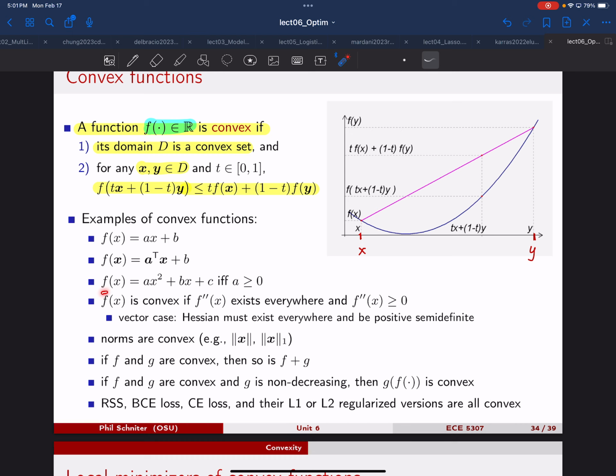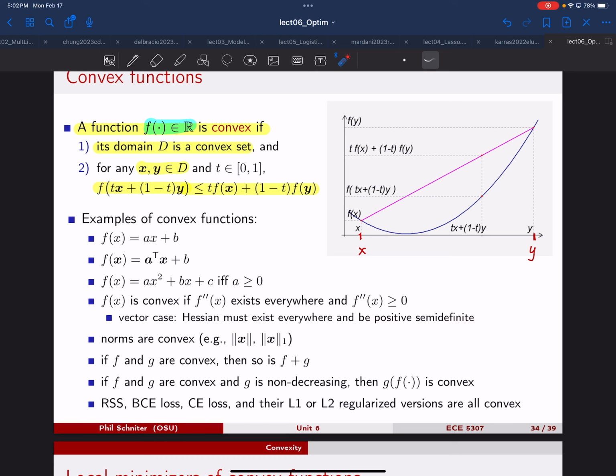You can see why that's maybe true based on this. And if you want to extend that to vectors x, instead of the second derivative, you look at the matrix form of the second derivative, which is called the Hessian matrix. That matrix must be positive semi-definite, which is the extension of this to matrices.